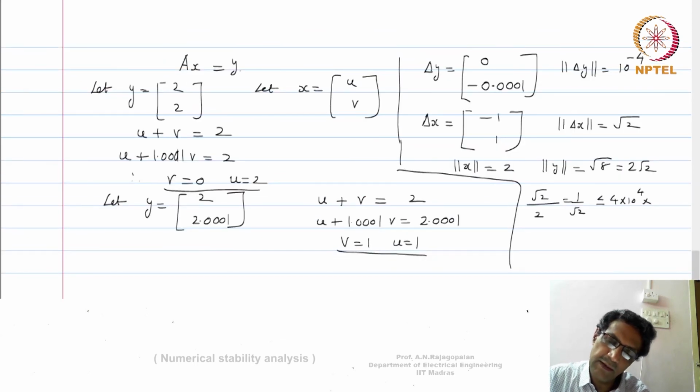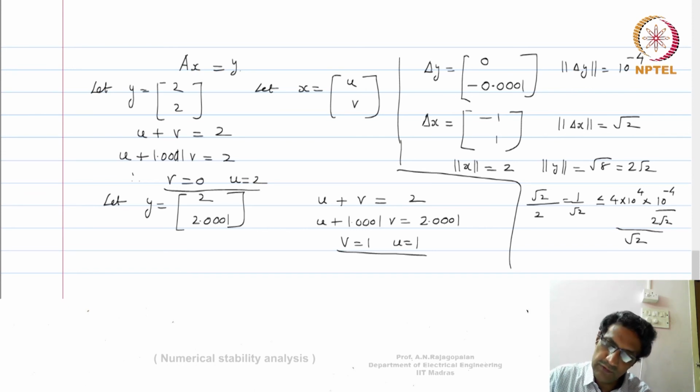So norm delta y is 10 power minus 4, by norm y, which is 2 root 2. Therefore, this number is equal to root 2, whereas the one on the left is 1 by root 2. Therefore, clearly 1 by root 2 is less than or equal to root 2. So it does satisfy this inequality.